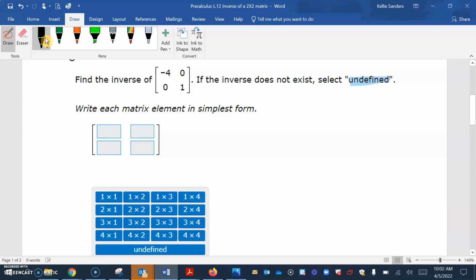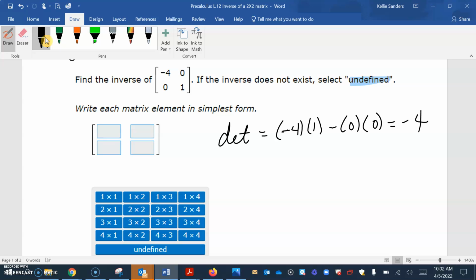So on this, first thing we have to do is find the determinant. So we're going to do -4 times 1 minus 0 times 0 and get -4. So once I find the determinant, then I'm going to put it under 1.